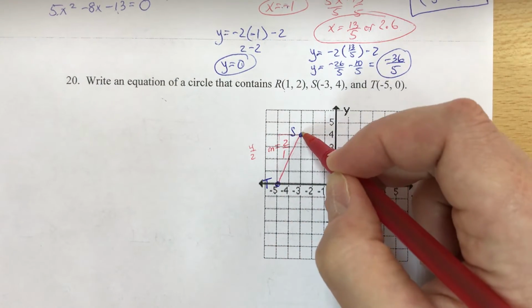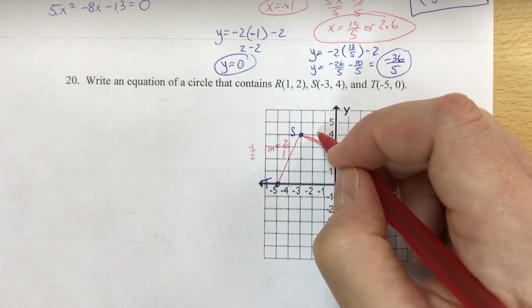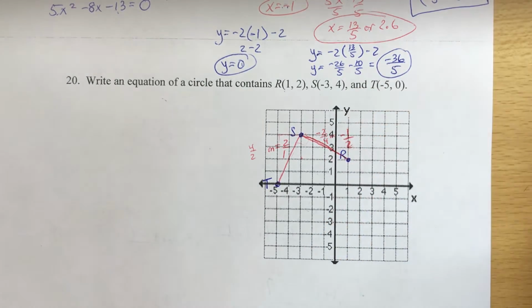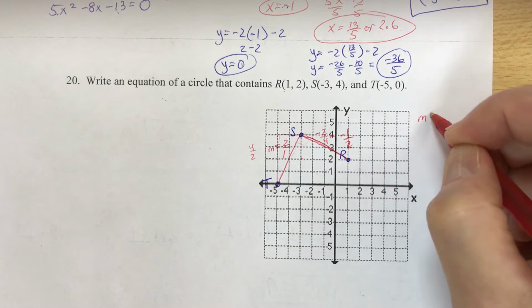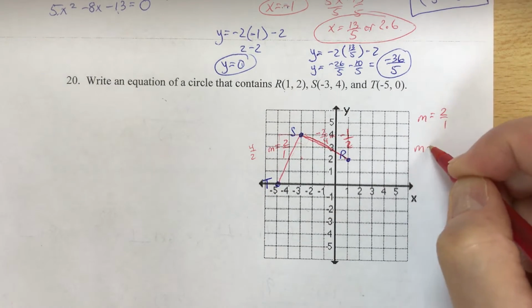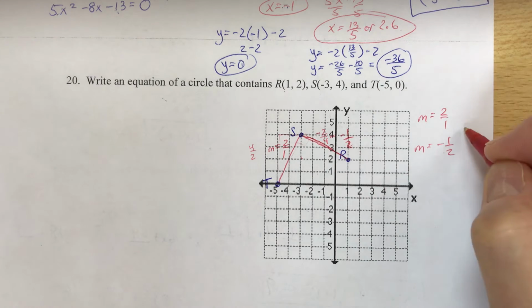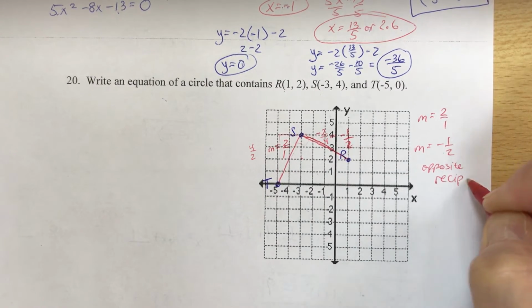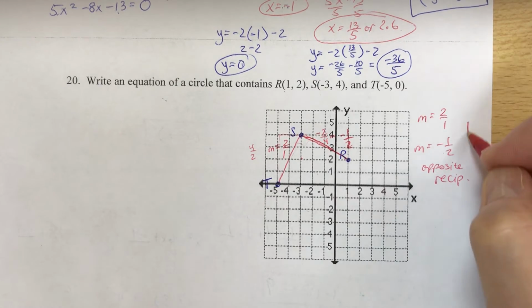And if I count this slope, it's down 2 and right 4, which is negative 1/2. Now what we get is one slope is 2 over 1, one slope is negative 1 over 2. Those are opposite reciprocals. And what that means is that these are perpendicular.